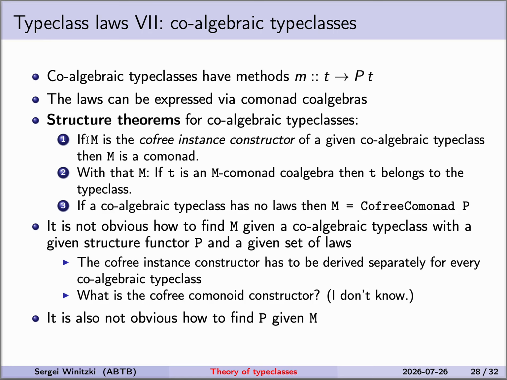If M is the co-free instance constructor, then it's always a comonad. Then if some type is a comonad coalgebra, then it belongs to the type class. And if a coalgebraic type class has no laws, then we know that M is the co-free comonad on P, on this structure functor.